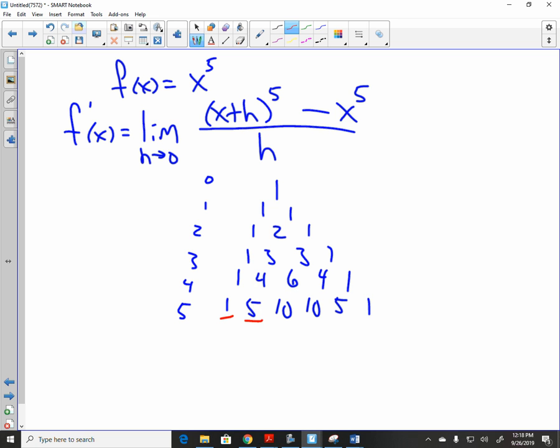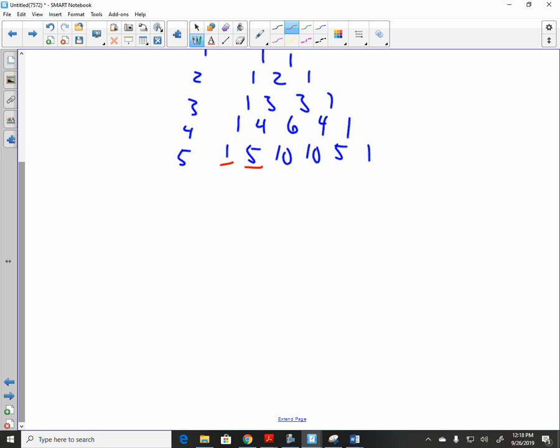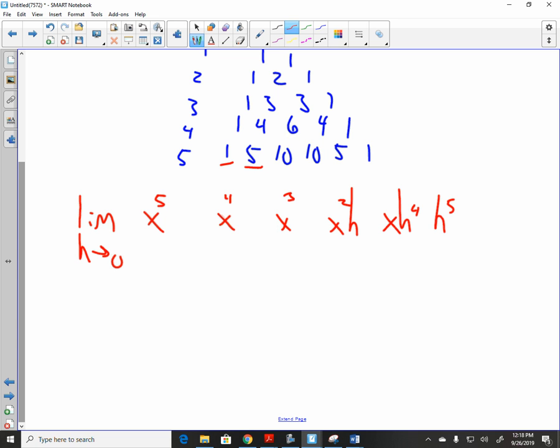So if we expand this, you have the limit as h goes to 0 of, we know we have x to the 5th, x to the 4th, x to the 3rd, x squared, x, and then h to the 5th, h to the 4th, h to the 3rd, h squared, h, right? And then you got this minus x to the 5th.